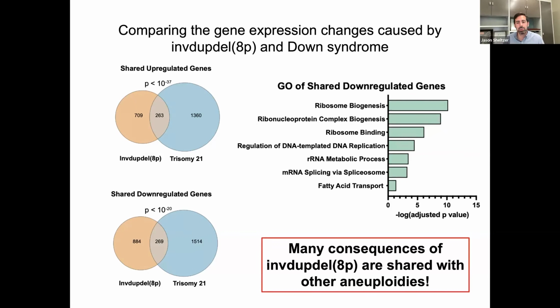And I think that this underscores that there are things that have been learned studying other developmental aneuploidies like Down syndrome, Edwards syndrome, Patau syndrome, Turner syndrome that can impact how we think about 8p syndrome, and what the causes and consequences of 8p syndrome are.